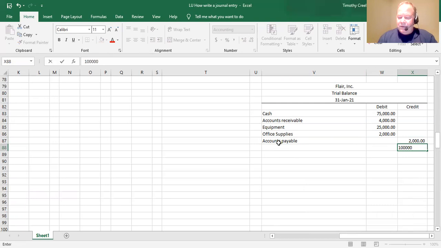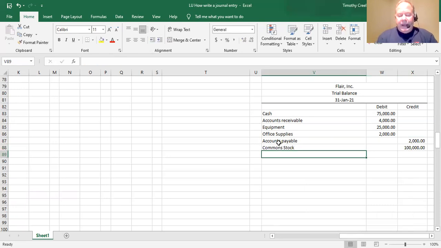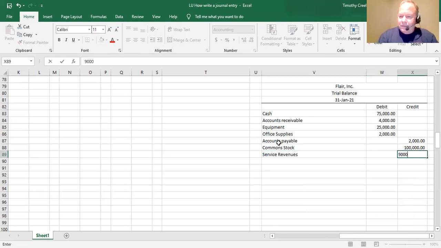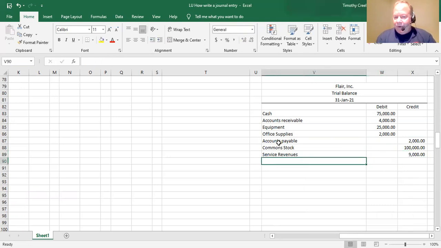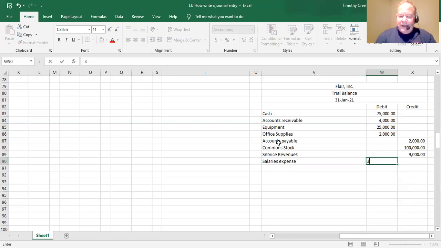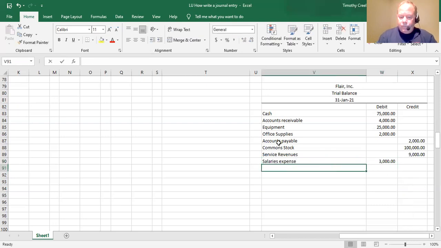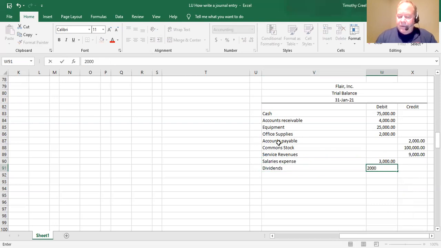And then 100,000 for common stock. And then I think we next have service revenues for 9. And then we would have our expenses. So we would have our salaries expense, which would be what, 3,000. And our dividends, which would be 2,000.